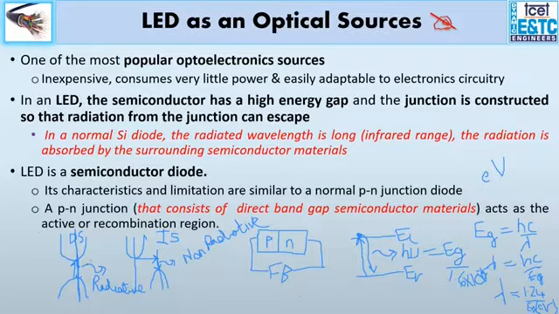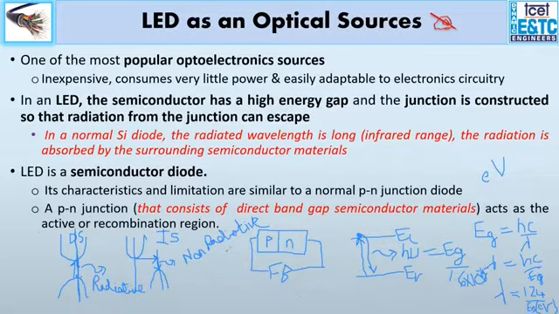Radiative means the output energy will be in the form of light. Non-radiative means it will not be light, but the energy definitely will be released, in the form of heat. This falling down of carriers from the conduction band to the valence band will result in release of heat energy, not a photon, and therefore you will not get an output as light.